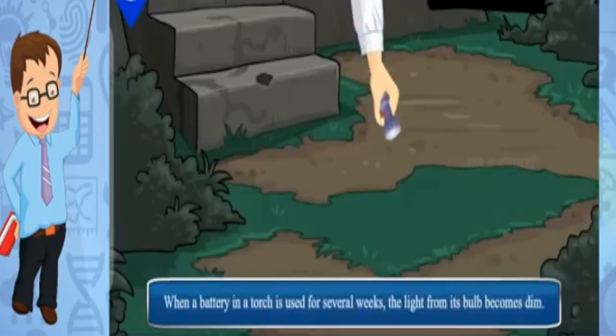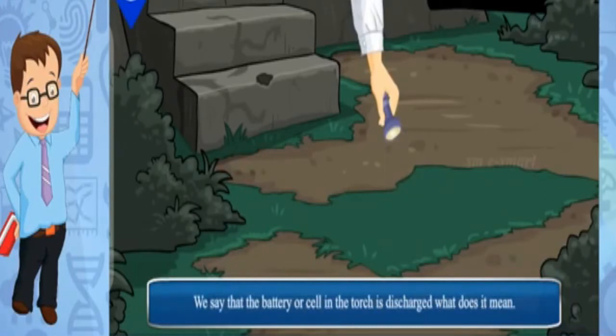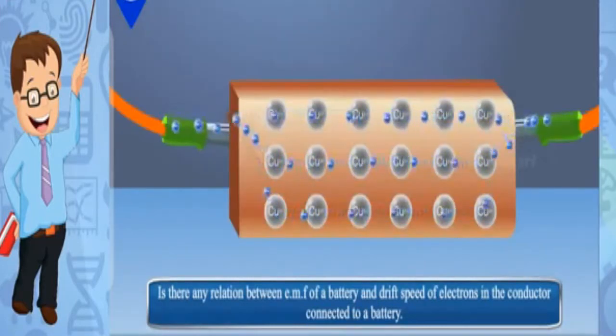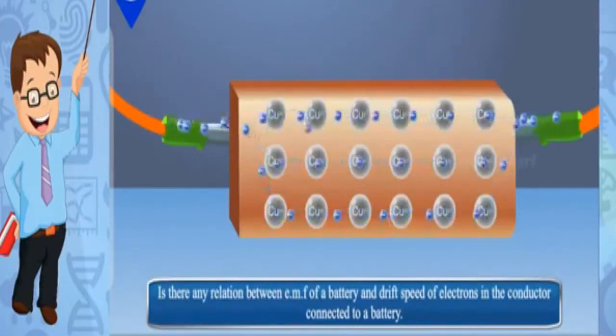When a battery in a torch is used for several weeks, the light from its bulb becomes dim. We say that the battery or cell in the torch is discharged. What does it mean? Is there any relation between the EMF of a battery and the drift speed of electrons in the conductor connected to a battery?